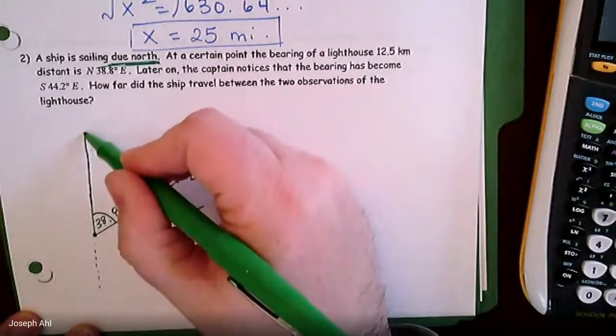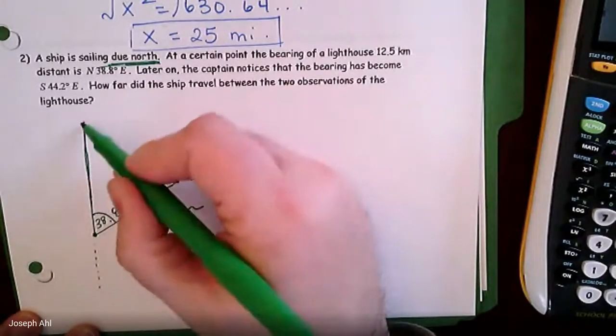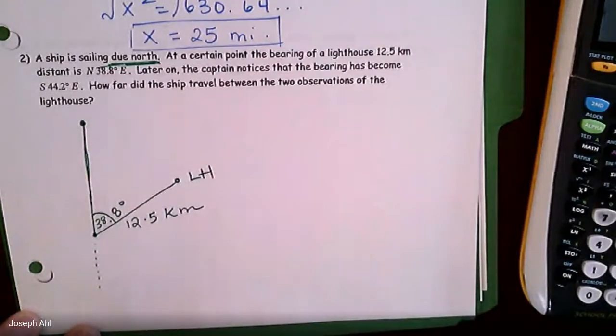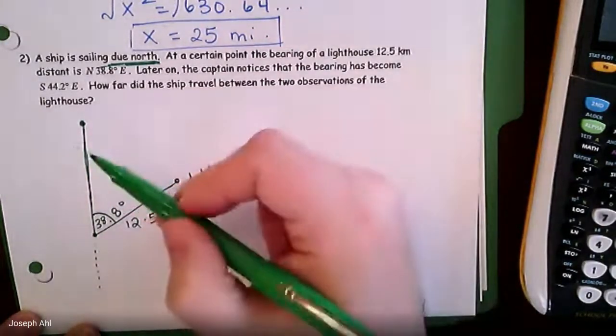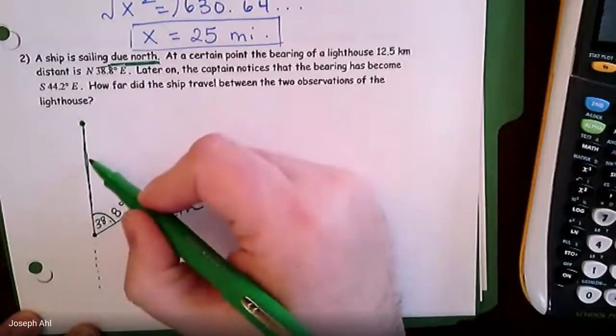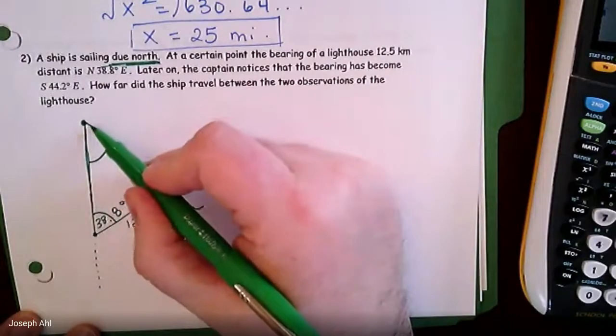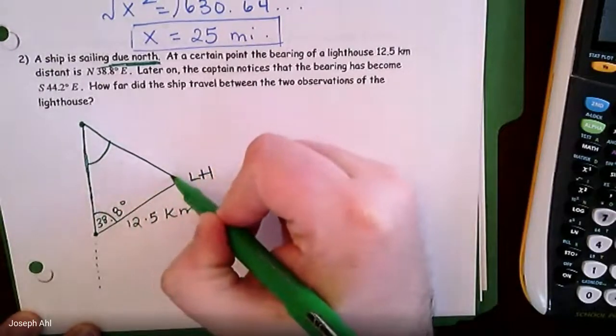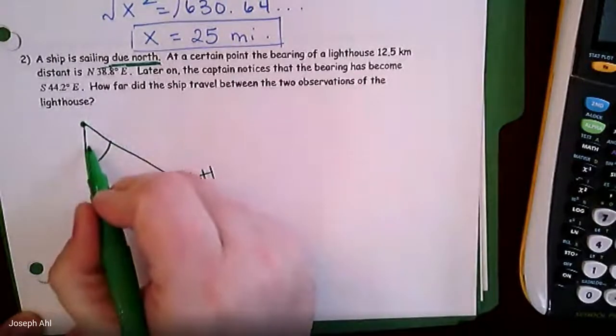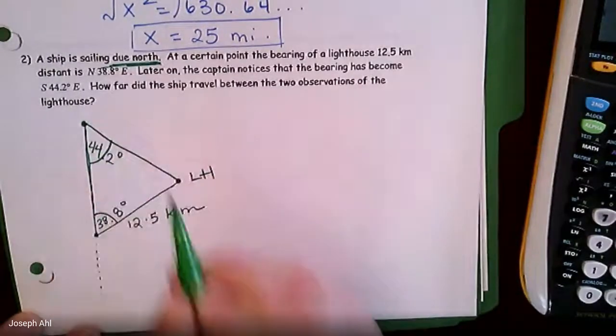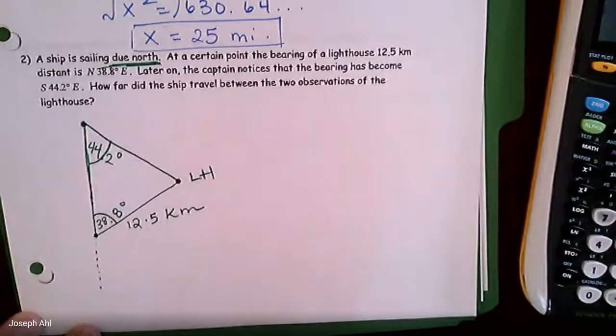So you're going to come up here to a certain point and stop and say now my bearing is south 44.2 degrees east. So it might look something like this. That would be east of south. And there's my 44.2 degrees.